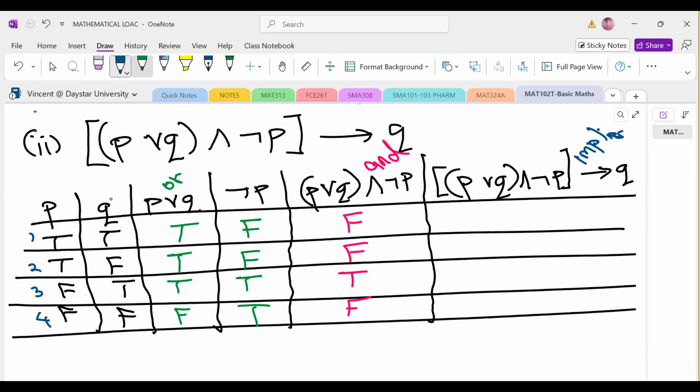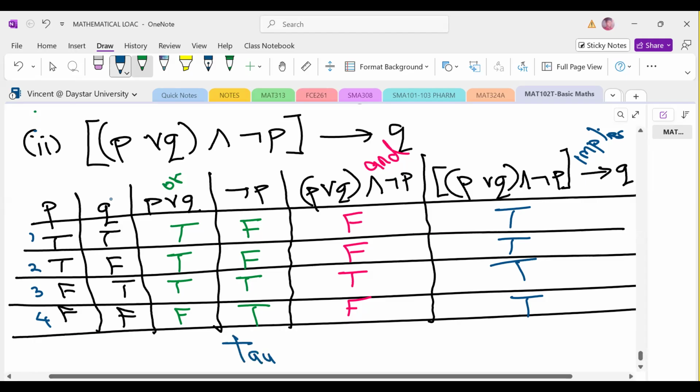So which means here we should put what? True, right? And that's the only reference that could have given us a possibility of putting F. Everywhere else we put true. So we put T here, T here, T here. So what's the verdict? Tautology, because now everything is turning out to be a true value. Tautology.